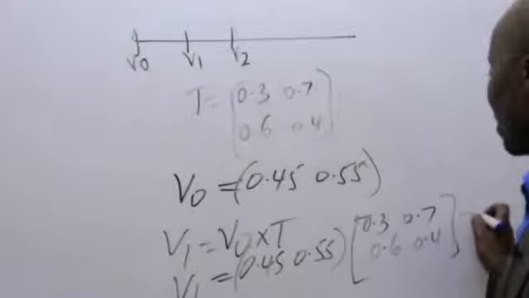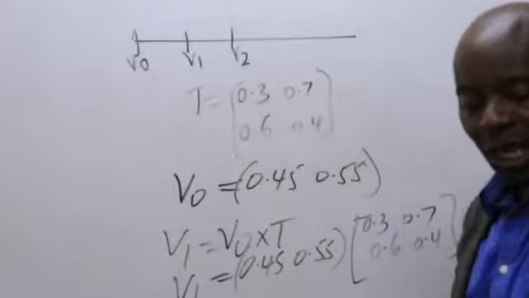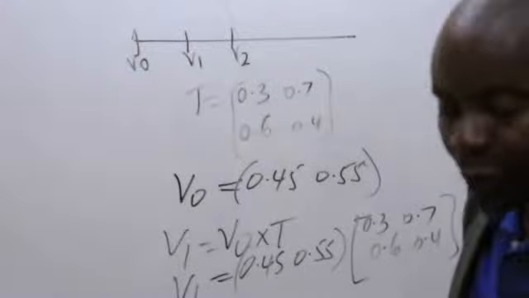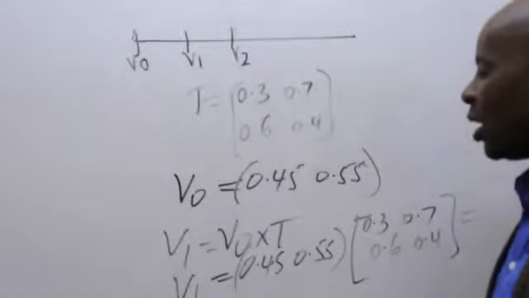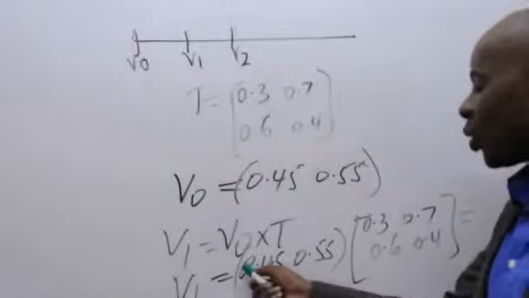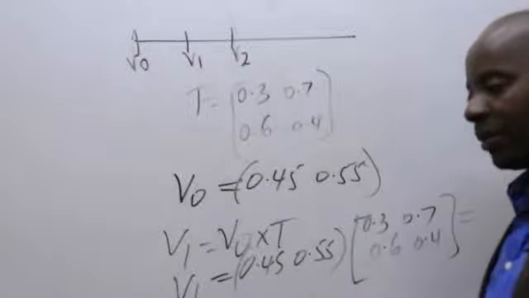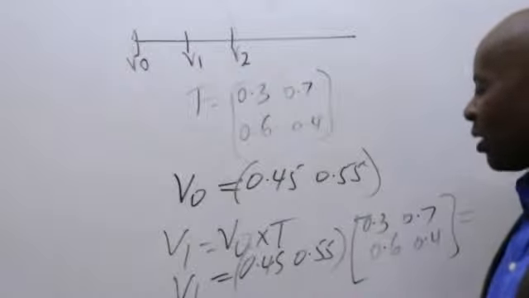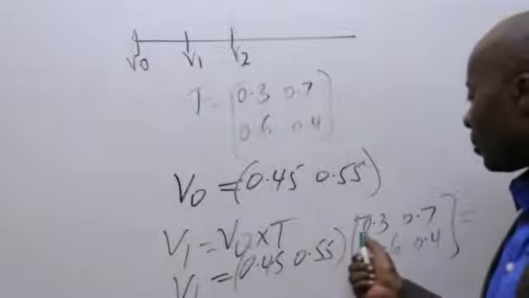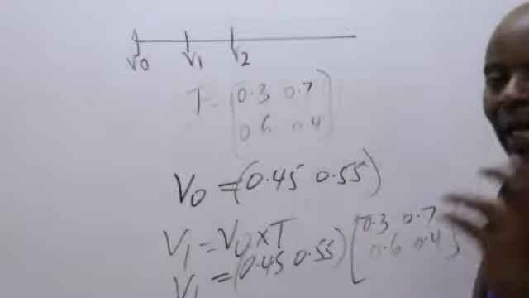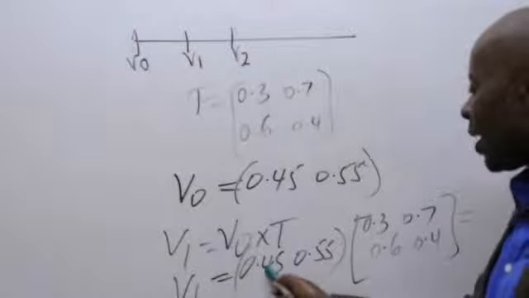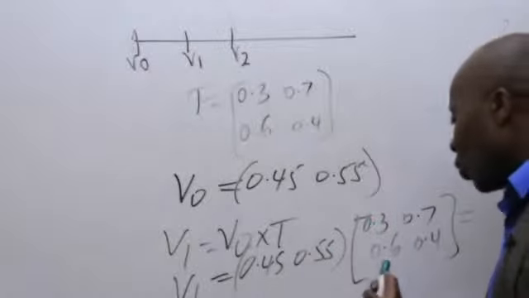So with this information, I should be able to do my multiplications very easily. Remember, when I'm multiplying, it's all about a row and a column. So what do we have here? It's 0.45 times 0.3, first one multiplied, plus the second one multiplied.